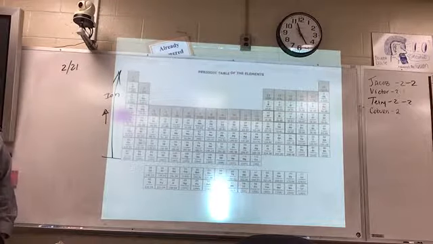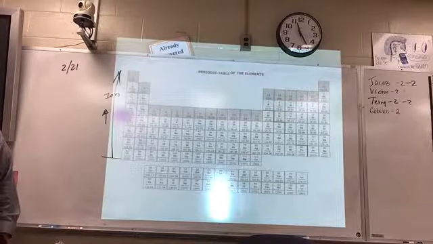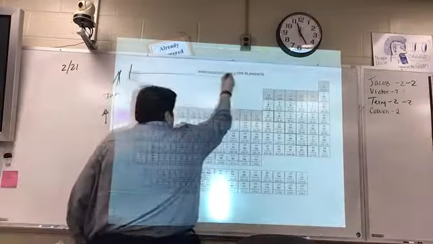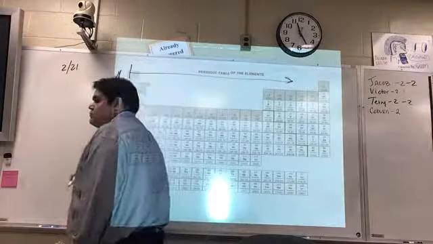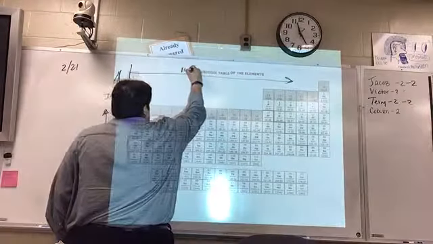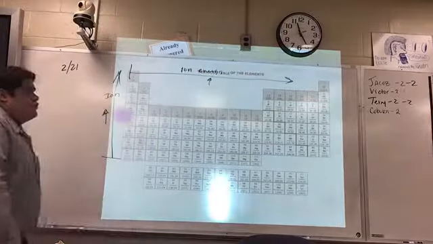So again, remember last time my rule said right to left. This time it says left to right. So we're going to go from here to here. The ionization energy increases. All right? It increases as you go from left to right.